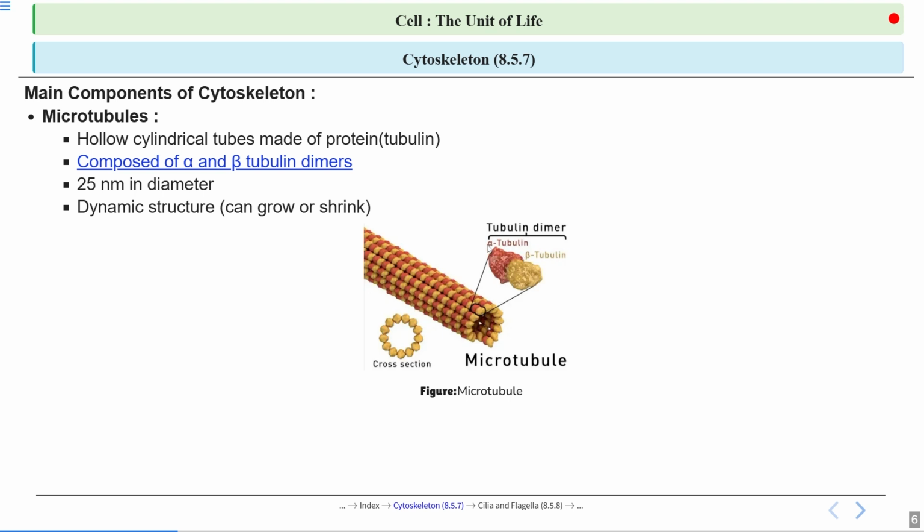This is alpha tubulin, this is beta tubulin, and together they form a tubulin dimer. Alpha tubulin is labeled red and beta tubulin is labeled yellow. These dimers are attached to each other and form this cylindrical tube-like structure. This is a very simple structure.